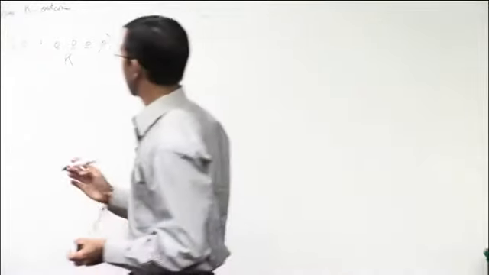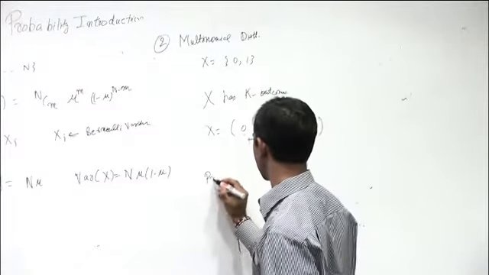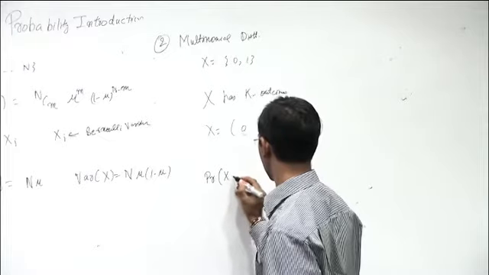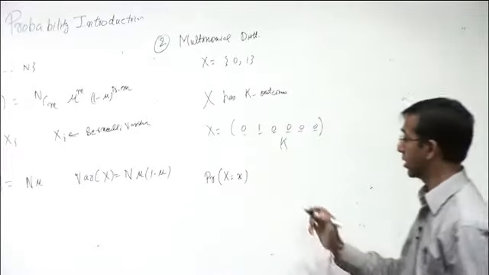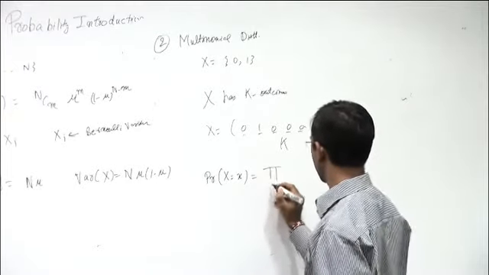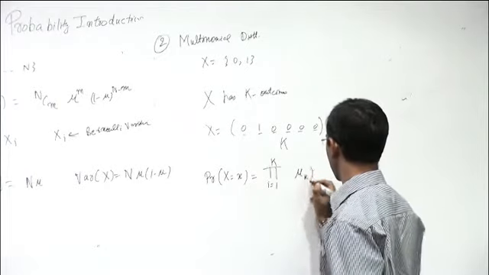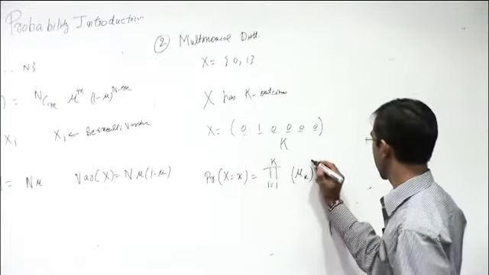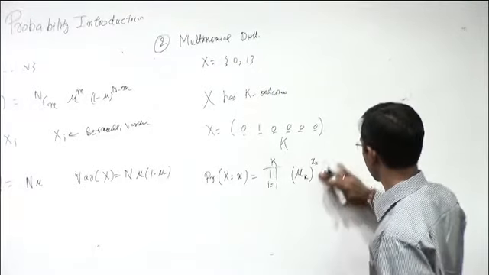Okay. So now let's define the probability distribution. Here x is a k-dimensional vector, and the probability is given by the product of mu k to the power xk.